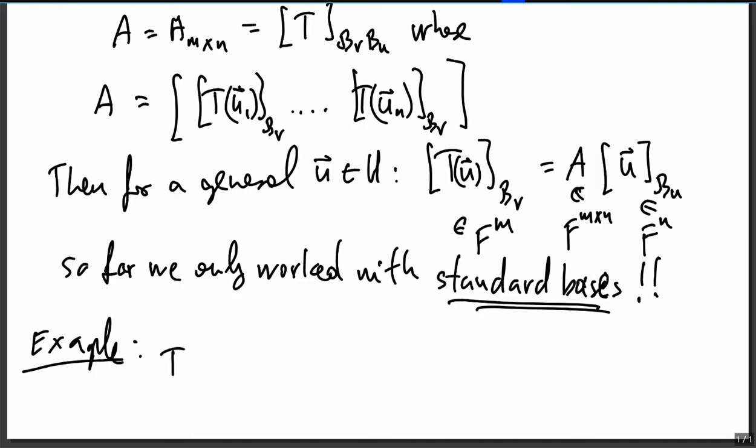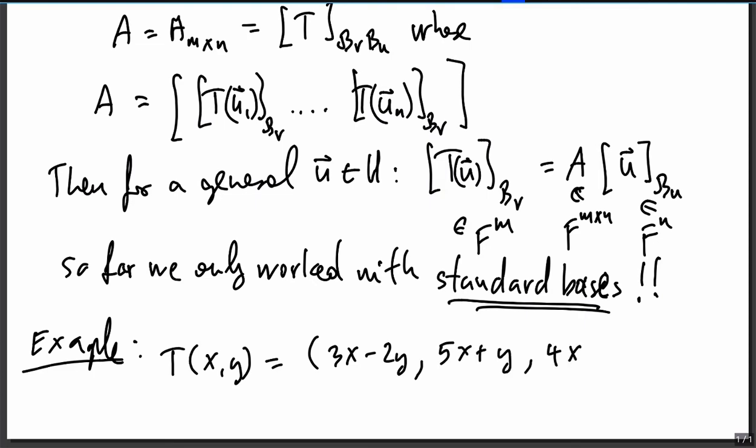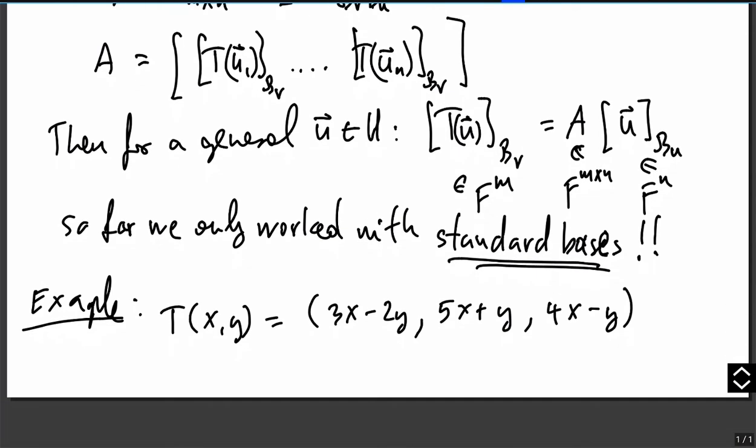So for example, if the problem says that T(x,y) equals (3x - 2y, 5x + y, 4x - y), and we want to figure out the matrix representation of T.